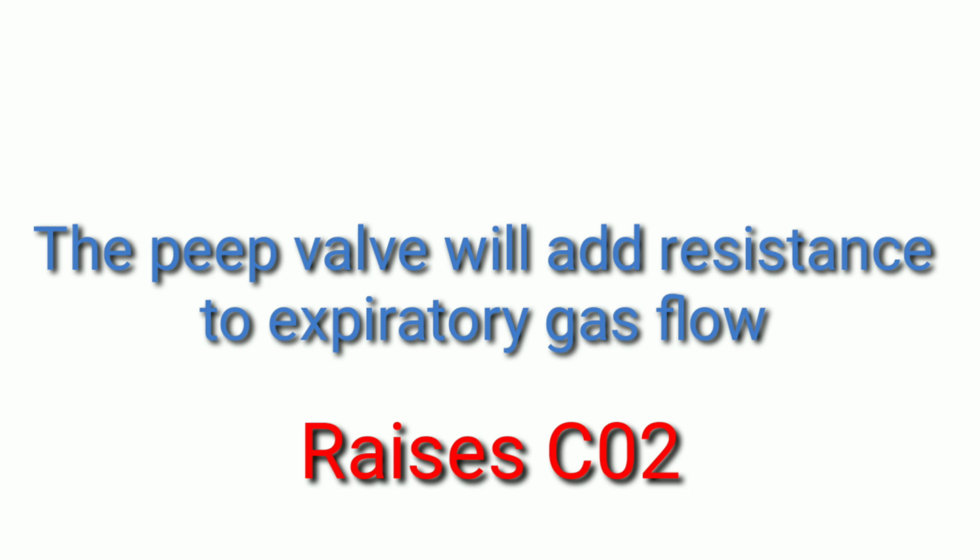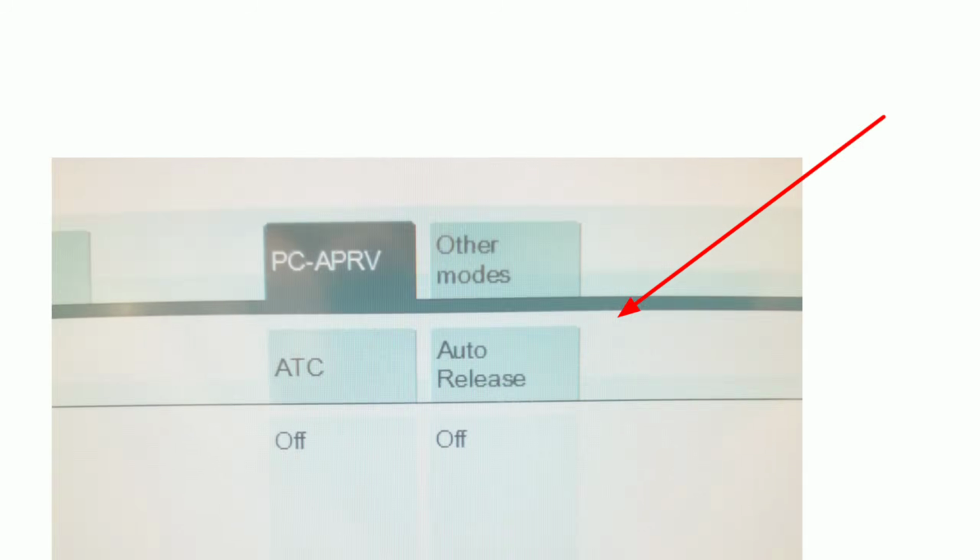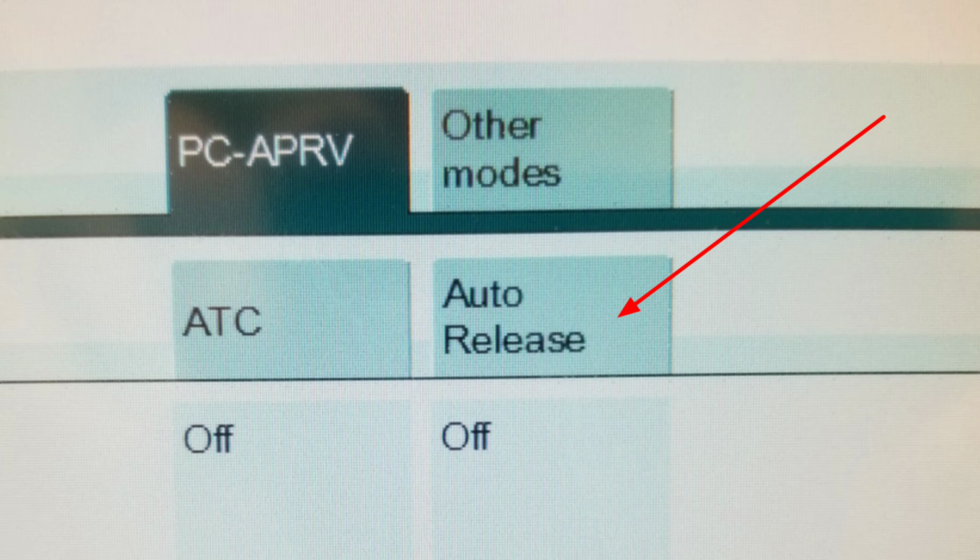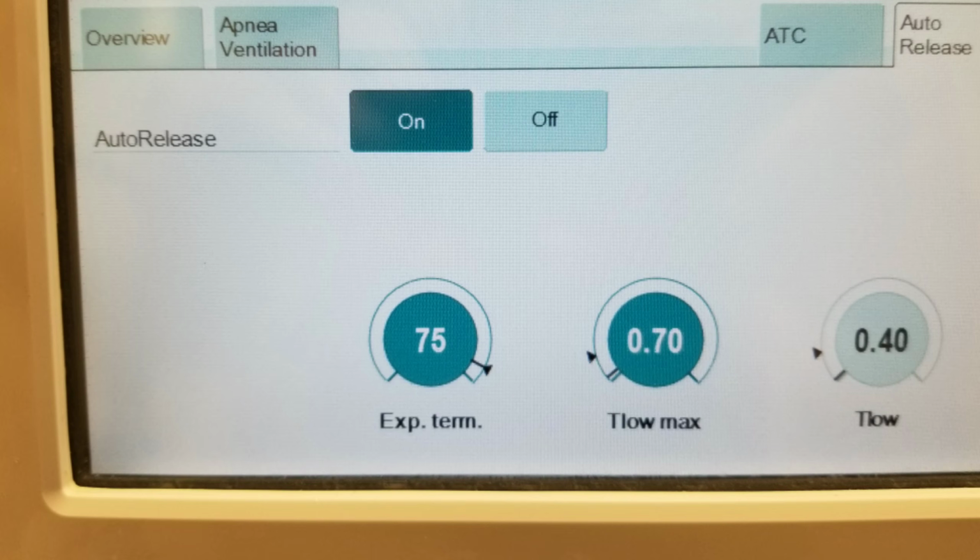So because the Draeger C500 offers auto release, it's basically a setting that will always be looking at the peak expiratory flow of the previous breaths, and then readjusting the cutoff time to always try and maintain that 75% of the peak expiratory flow rate.